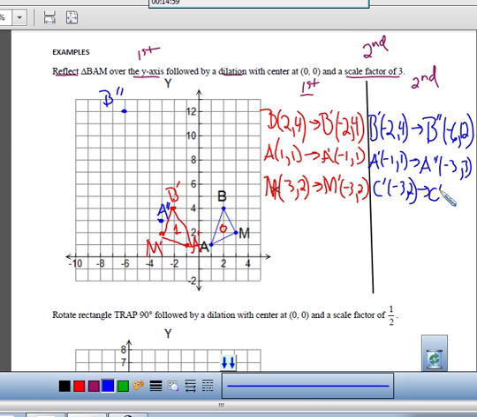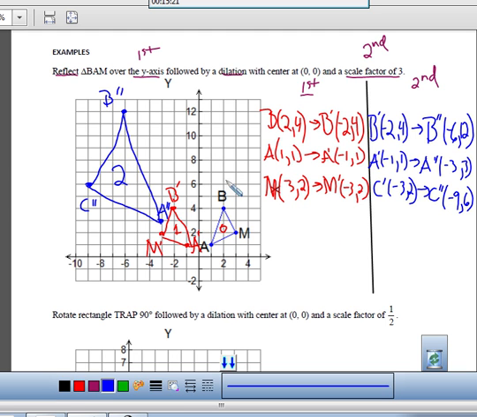So C double prime is negative 9, 6. So I'll go back to negative 9, up 6, 4, 5, 6. Put a point, C double prime. Connect your vertices, your points. And no, I realize my lines are not straight. You can do a better job than I did.